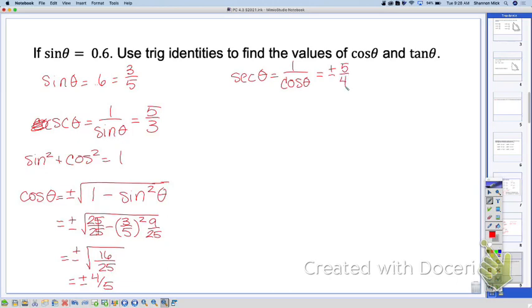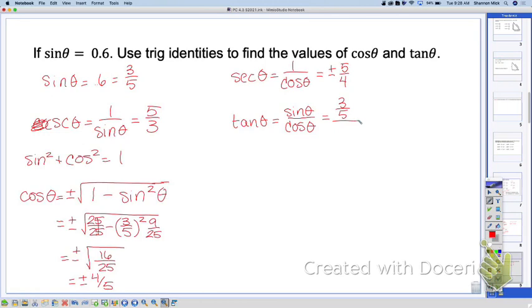Now we can go to the quotient identity. Okay. So tangent of theta equals what over what? What function over what function? Sine over cosine. Sine of theta over cosine of theta. So sine was 3/5.